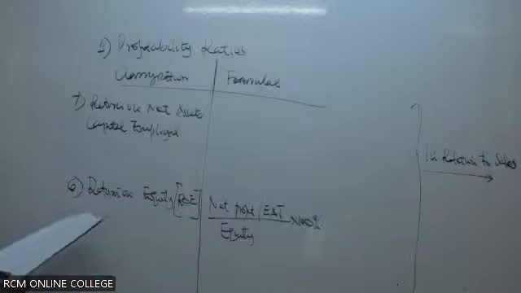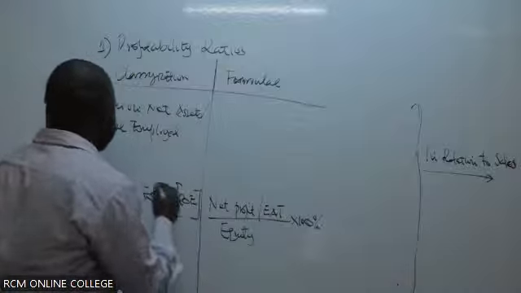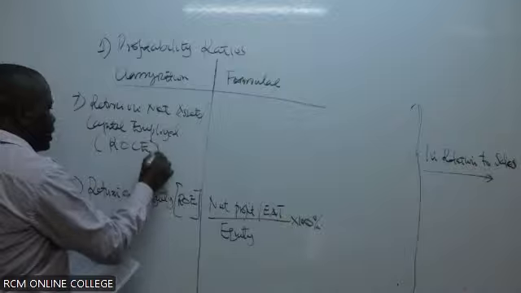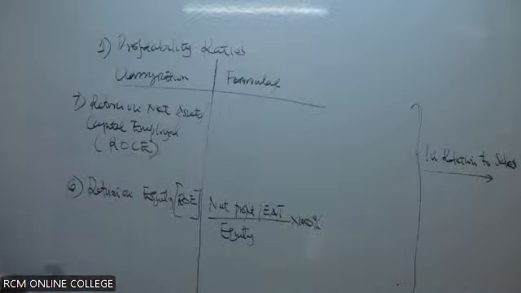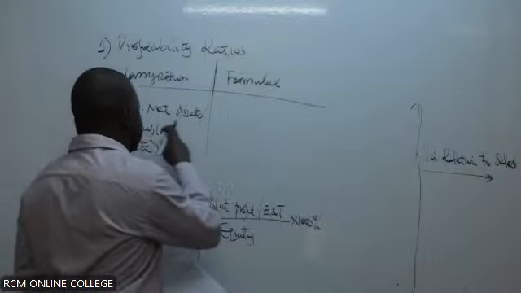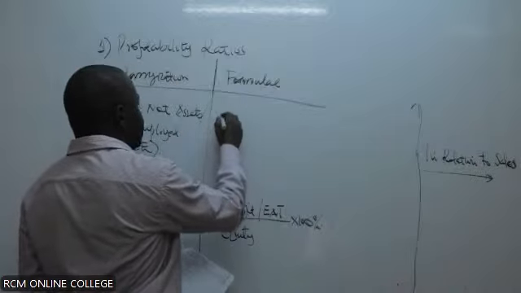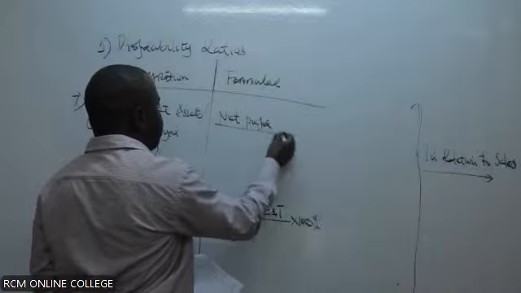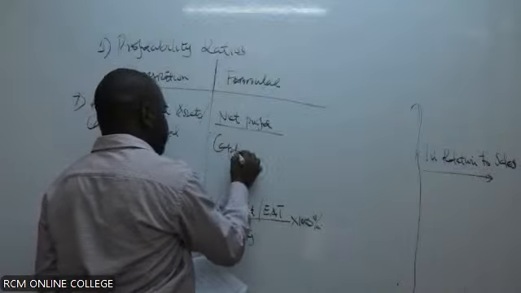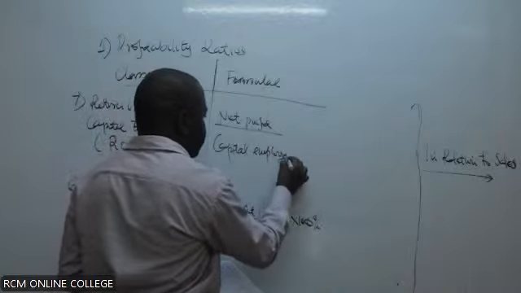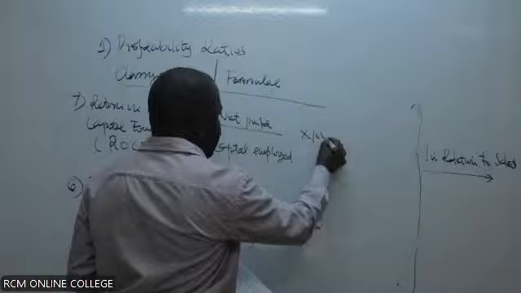So this one you'll take the net profit. Sometimes it is known as ROCE. Just the same case, you take the net profit, you divide by the capital employed, you multiply by 100.